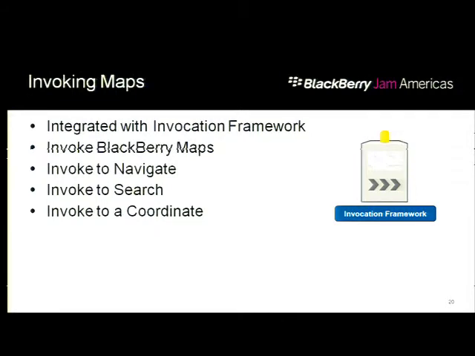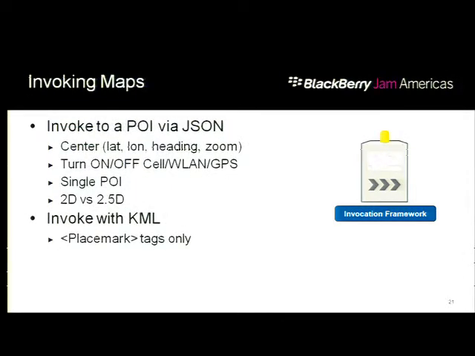You can also invoke to a specific coordinate. You can invoke to a point of interest via some JSON data. You can also invoke to a point of interest by using KML placemark tags. However, the JSON format, which is proprietary to us, gives you a bit more flexibility than what KML can do.